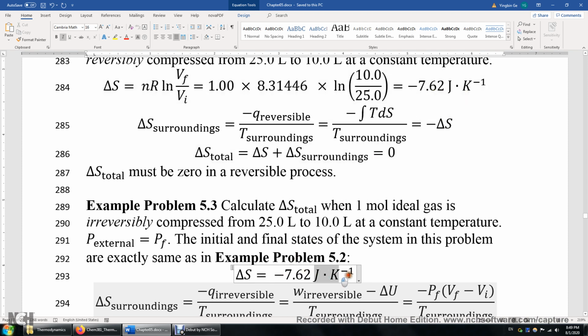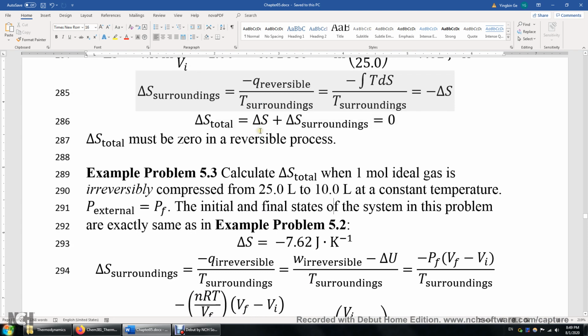It's very simple. This is because entropy is a state function. However, if it's an irreversible process, the Q in this problem is different from the Q in the previous problem. That does affect the entropy change of the surroundings.